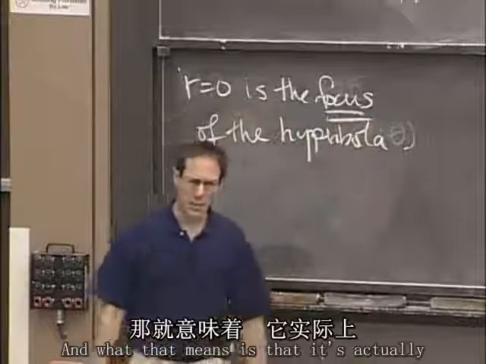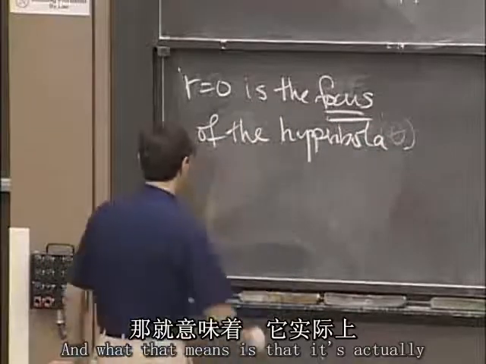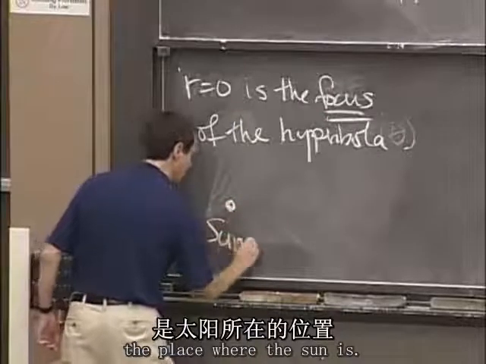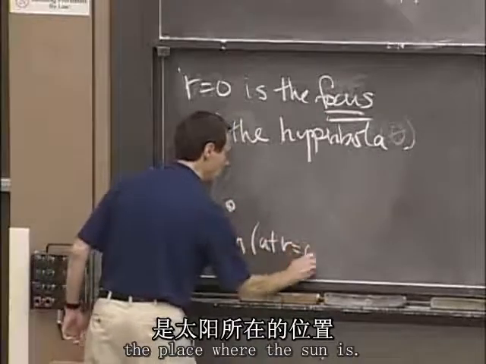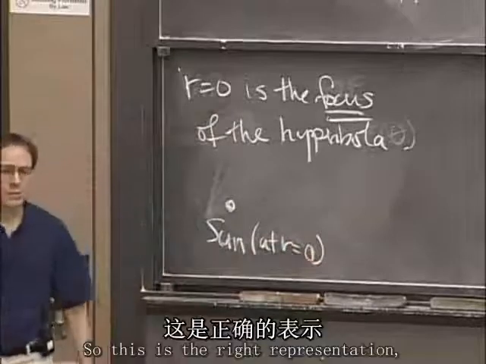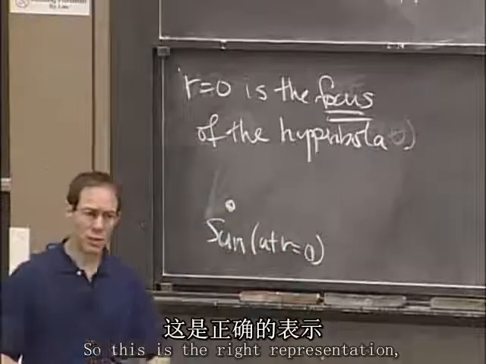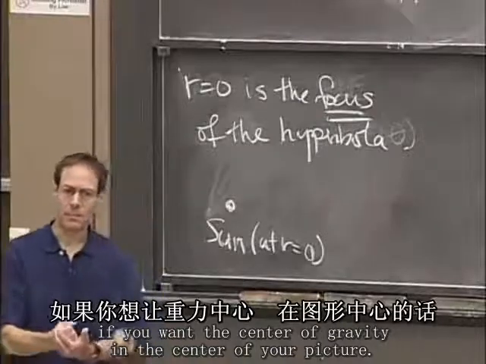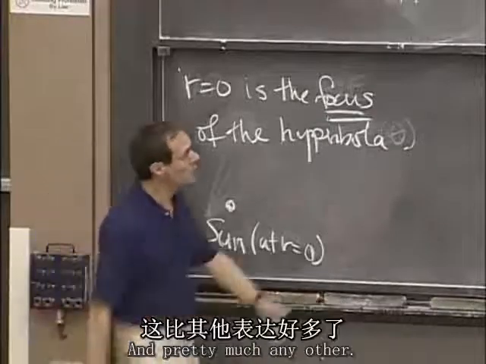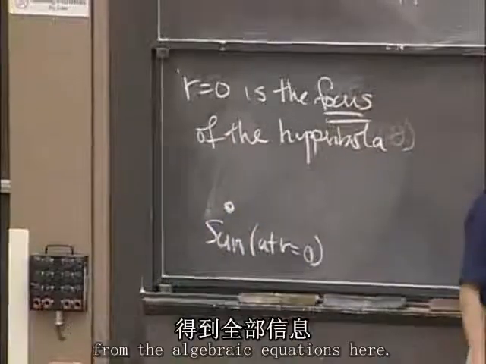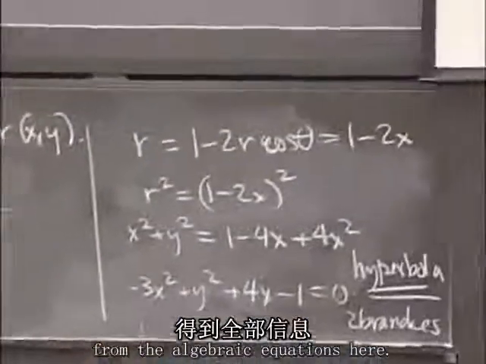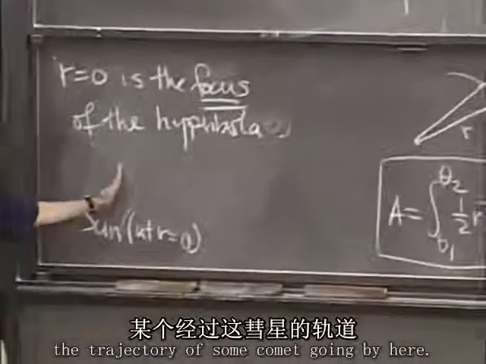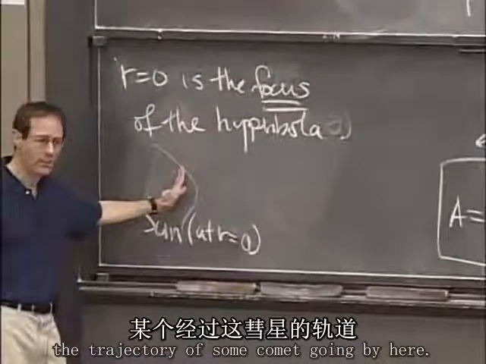And what that means is that it's actually the place where the sun is. So this is the right representation if you want the center of gravity in the center of your picture. You can't tell that at all from the algebraic equations here. So this hyperbola is going to be the trajectory of some comet going by here.